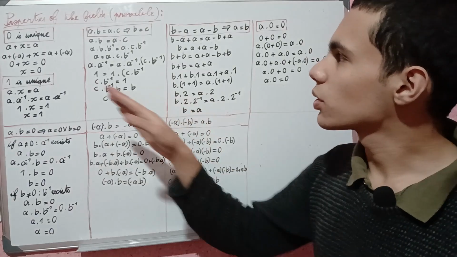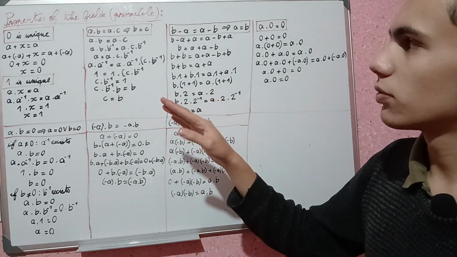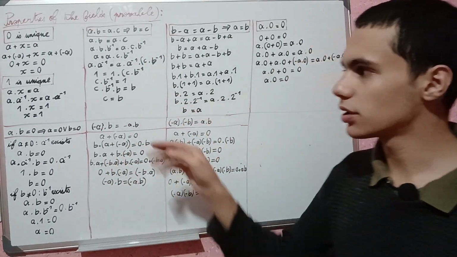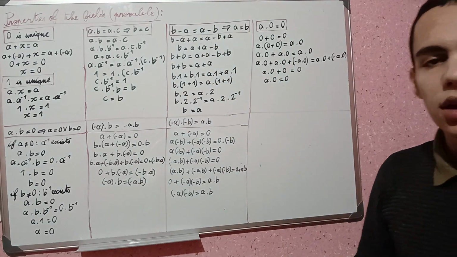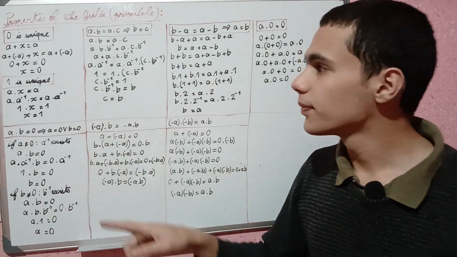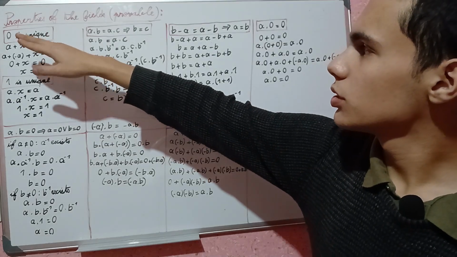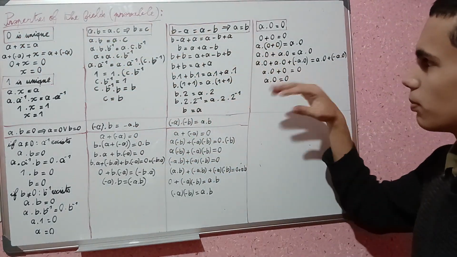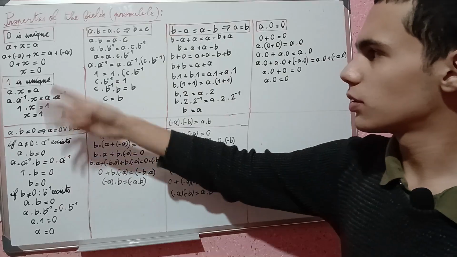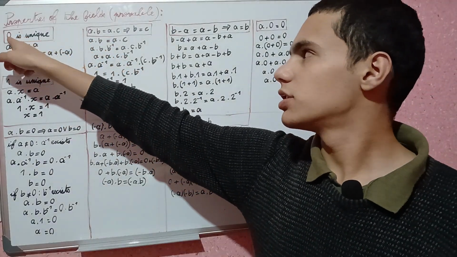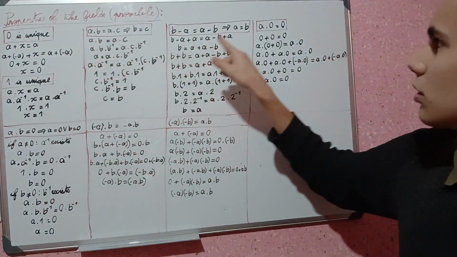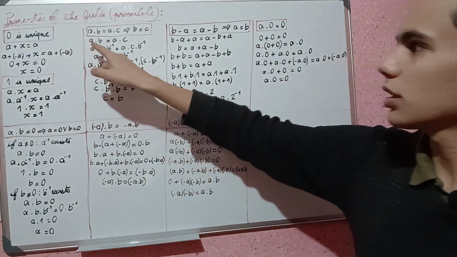Here are the properties of the field of real numbers, or any field. These properties can be used in any field. You can prove them. These are just proofs for these properties. First, that 0 is unique. Also 1 is unique.